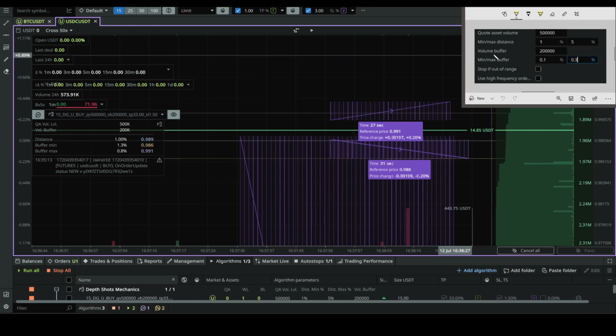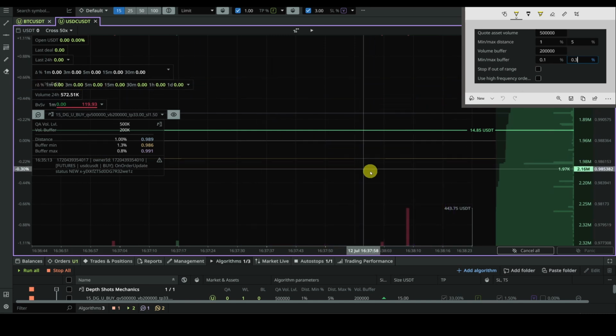Then the buffer is looking at the volume. Otherwise, if the volume is somewhere outside, then the buffer goes to the closest limit chosen from either here or here. I hope that was clear.